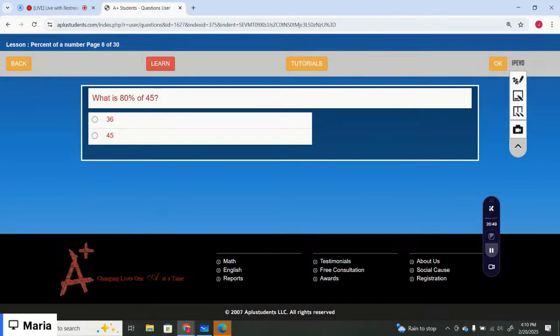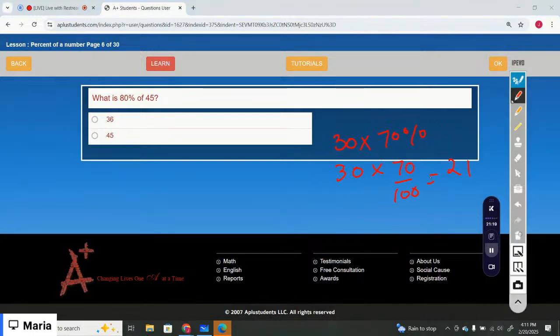What is 80% of 45? So you have to do 45 times 80%. That means you have to do 45 times 80 over 100.